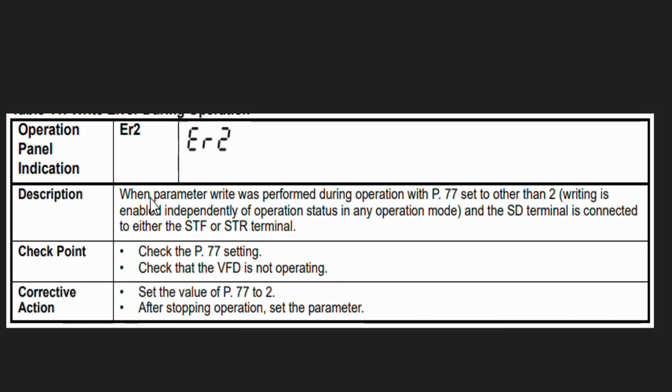There is one error code, ER2, error code 2. It happens when a parameter write was performed during operation with P.77 set to something other than write enable independent of operation status in any operation mode, and the SD terminal is connected to either the STF or STR terminal.